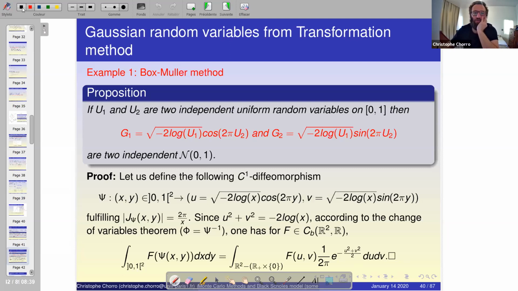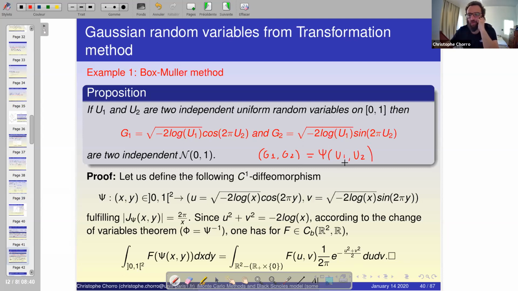And why have I introduced the previous result? Because I am in the situation here where the pair G1, G2 may be written as a mapping psi of U1, U2.